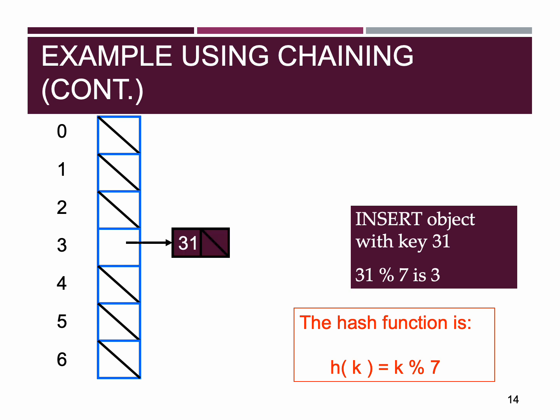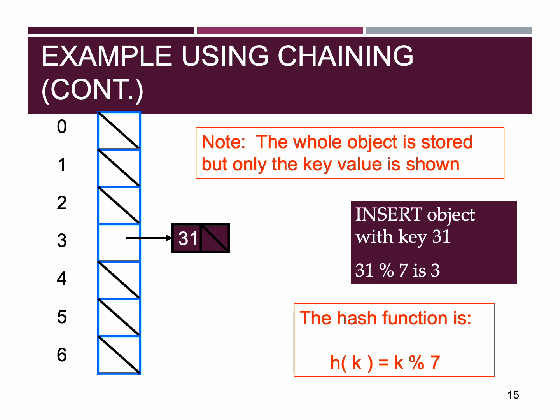Now we inserted 31 at index 3. If you look here, we inserted the key value 31 on index 3. Now the whole object is stored, but only the key value is shown.